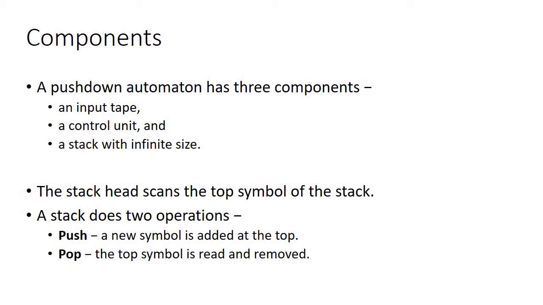We need a control unit which controls the movement of the finite state machine, and we need a stack with infinite size. That infinite size does not mean that we have infinite space for keeping variables. It means that there is no specific size of any stack. We can create the stack as per our need.